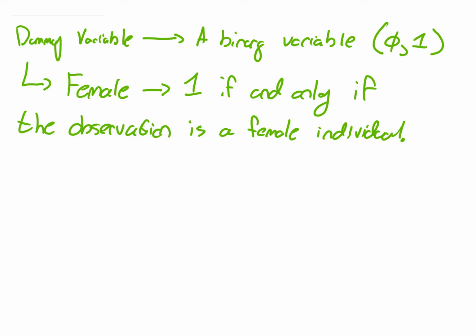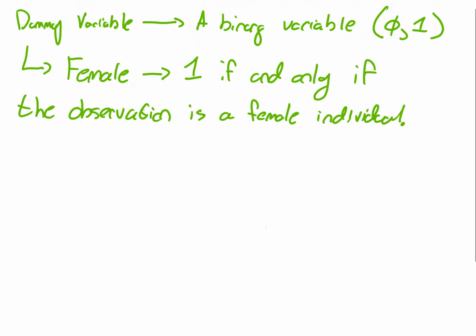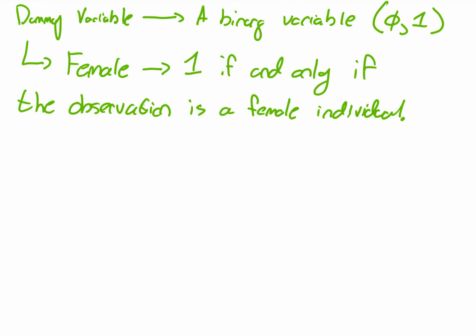Now, I don't want to offend anyone, but let's assume for making this an easy problem that we have two possibilities, female and male. Let's just assume we've only got 4 observations.